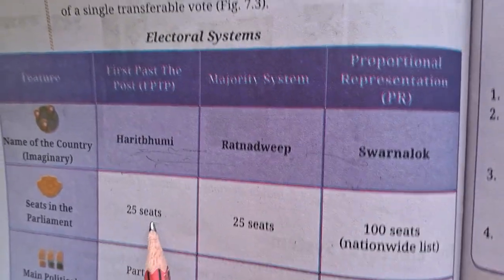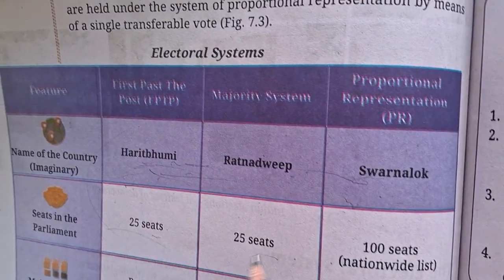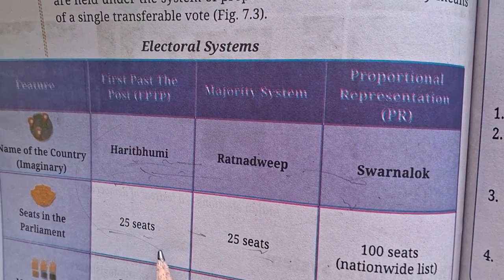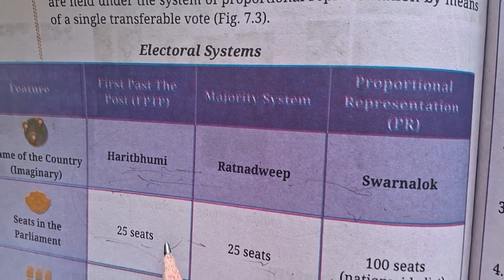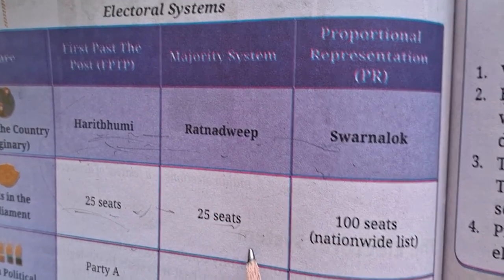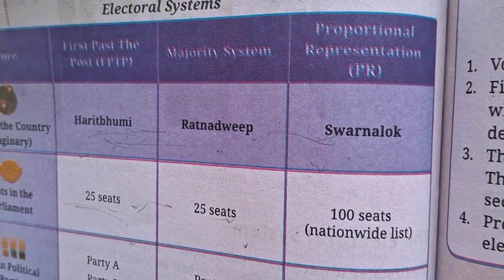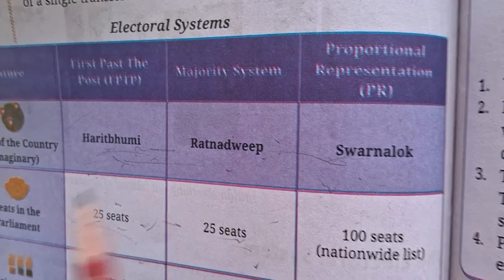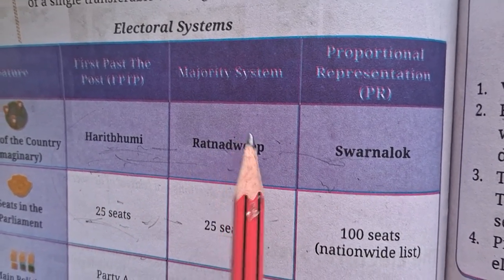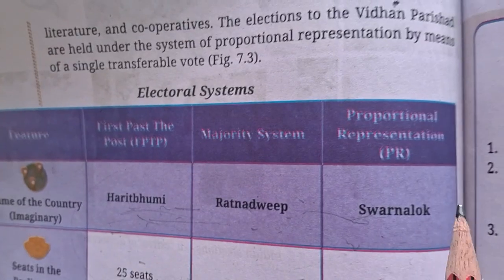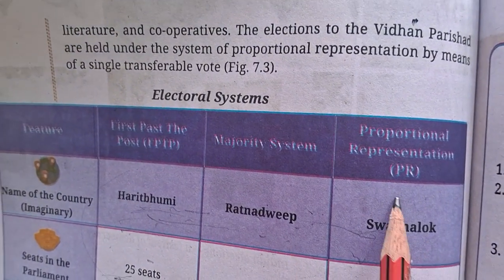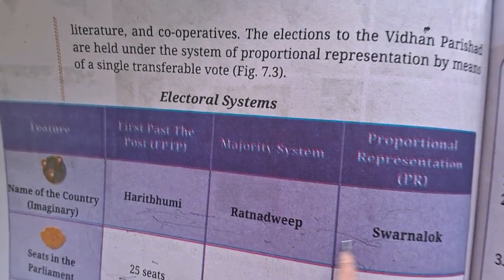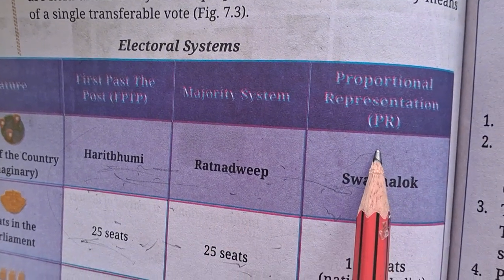Then in the second step, these are small states or small countries: the first has 25 seats, the second also has 25 seats, and the third one has 100 seats. Step by step, we must try to understand what will happen in the next step, or what the process of the winning candidate is, how we select our MLAs, MPs, like that.